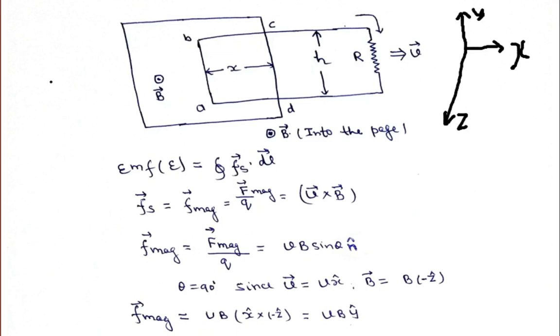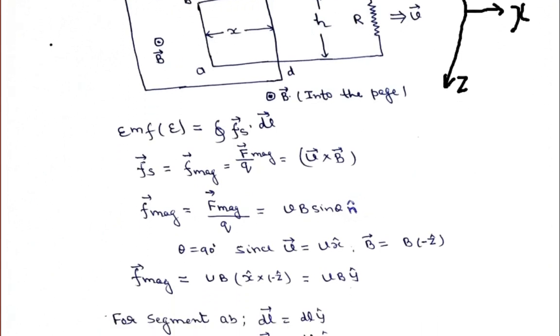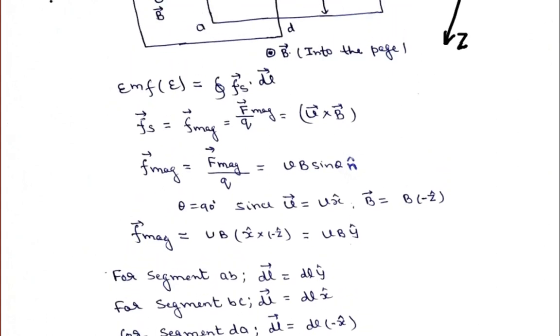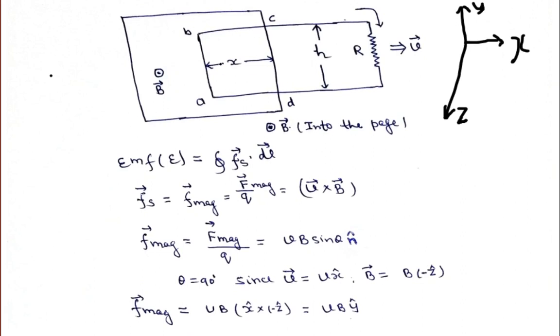Now let us calculate the force acting on the segments of the circuit. The portion AB, BC and AD is in the magnetic field, and the portion CD is outside of the magnetic field.